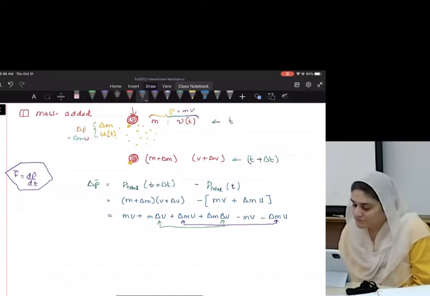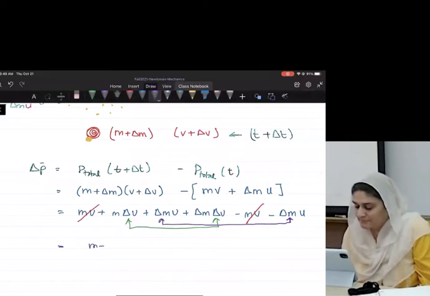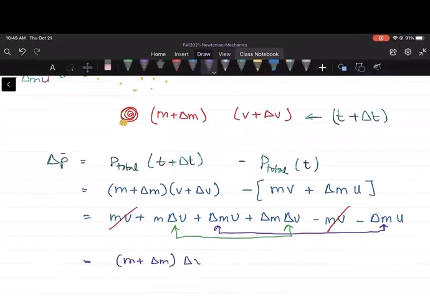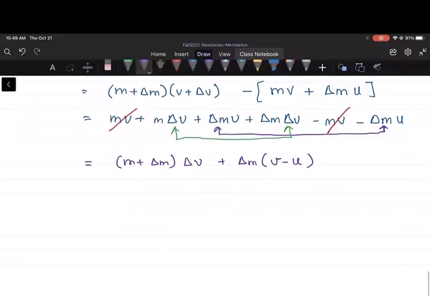So am I allowed to write, zoom in, these two get canceled, M plus delta M delta V plus delta M (V minus U). Okay, so may I write one very important thing.